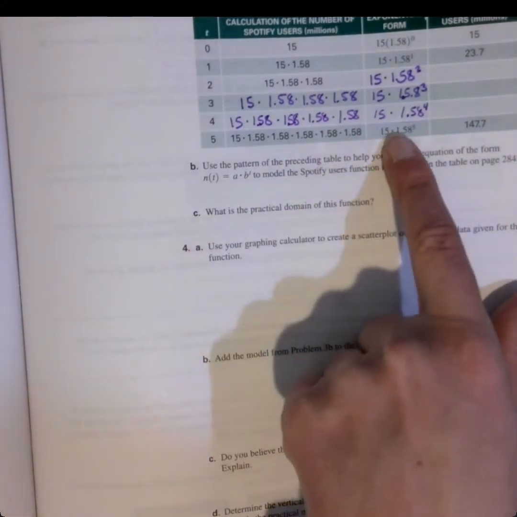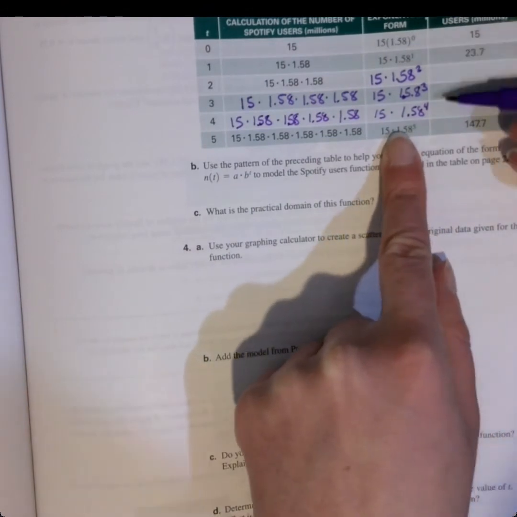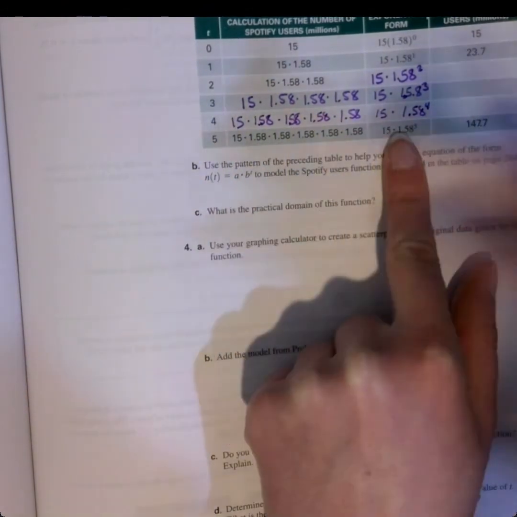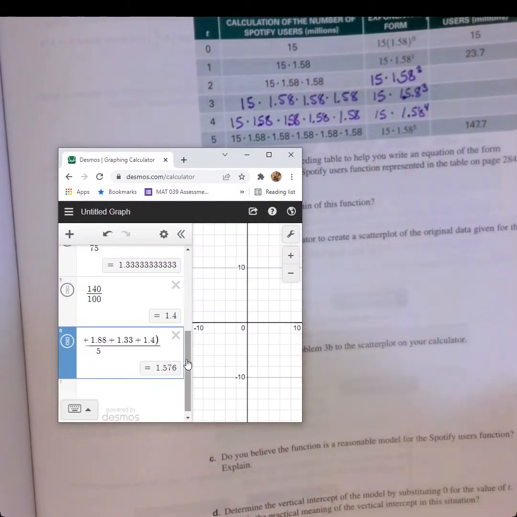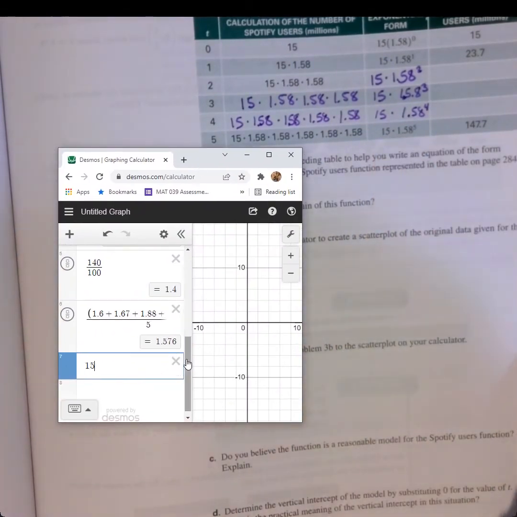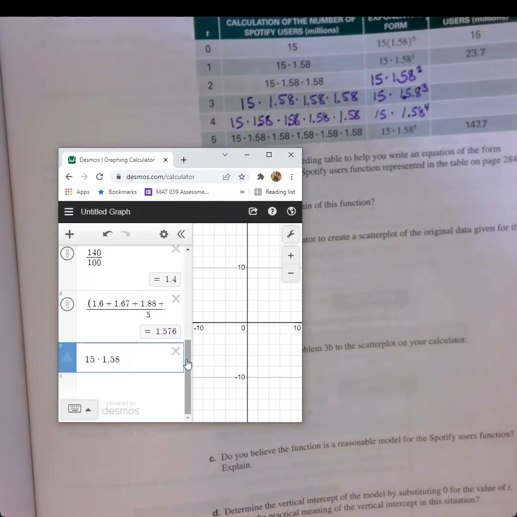All right. When I type them in as decimals, hopefully we can agree it's going to be easier to type them in this form than in the repeated multiplication form. So we'll go over here, and we're going to do 15 times 1.58 to the second.